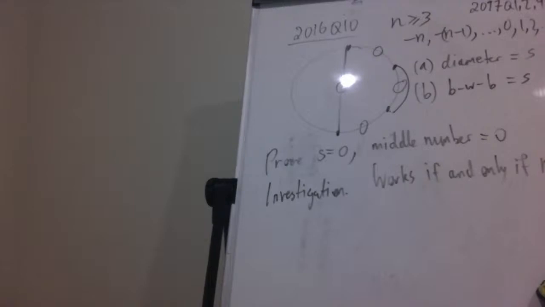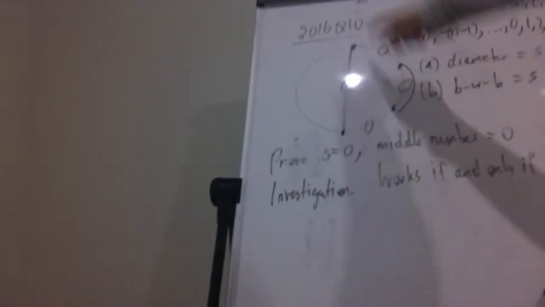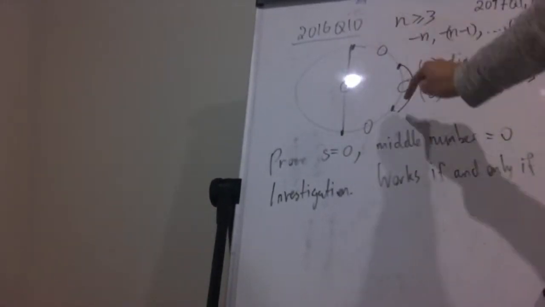So for the first observation, every diameter has to equal S, and every black, white, black has to equal S. So every time there's a black diameter, this has to equal this, right?